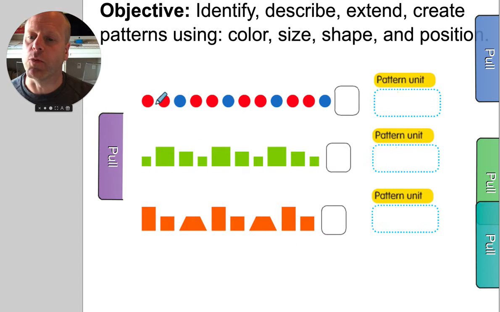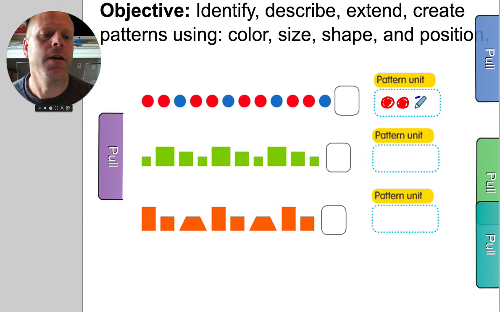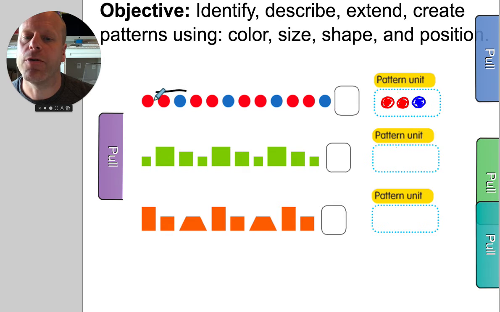So this one is red, red, blue, red, red, blue, red, red, blue, red, red, blue, right? So I know the pattern is going to be red circle, red circle, and then they switch it, blue circle. If I was to show someone the pattern unit, I would say it's right here.